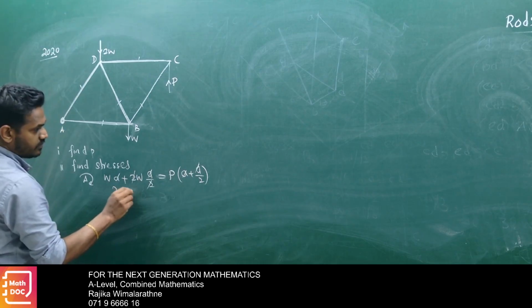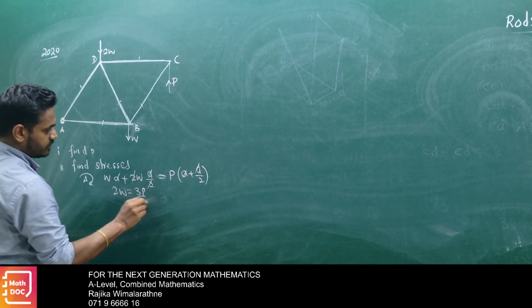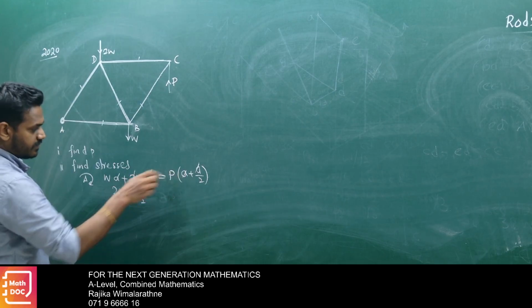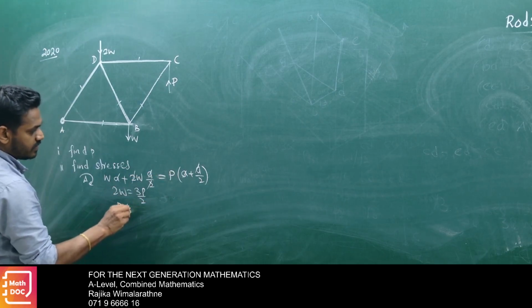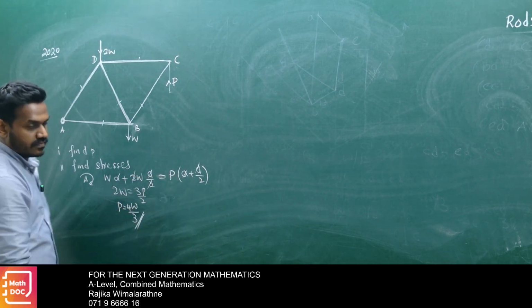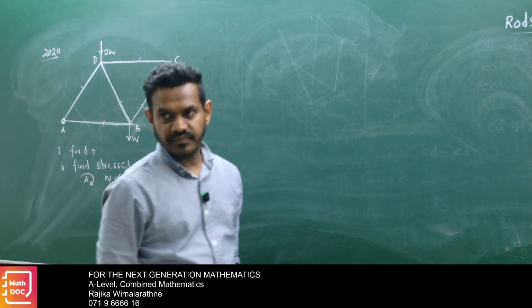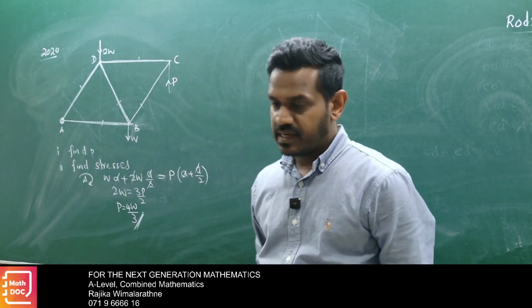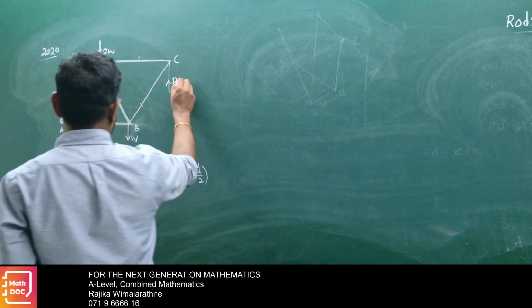Then 2W equals 3P over 2. Then P equals 4W over 3. P value is 4W over 3, no? Okay. Then here 4W over 3.